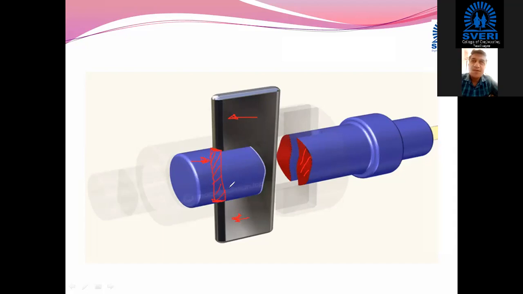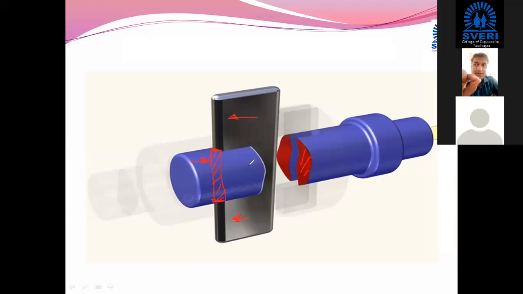Am I right? This pin will press against the spigot, and hence that area will have crushing over there, and you can put your two fingers and apply load for the crushing. You will find that it is nothing but compressive load. So compressive stresses will be generated over there. Are you getting me? If you push two fingers opposite to each other, they will have crushing over there.